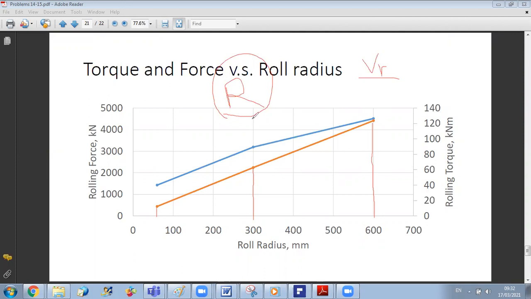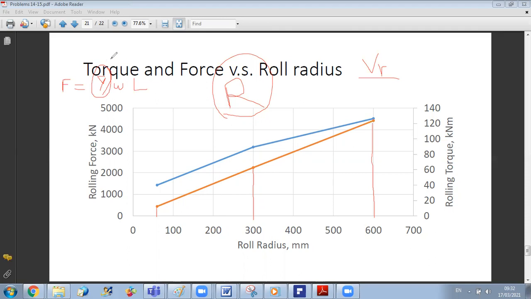If we go to the formula of force, the force F is equal to the average flow stress times the width times L, the contact length. The average flow stress is not varying because we have the same K, the same n, the same material, and we are reducing from the same t0 to the same t final.